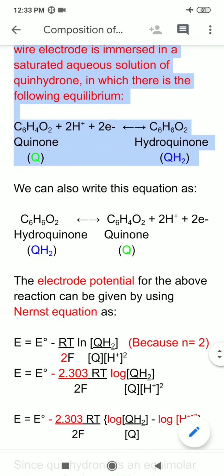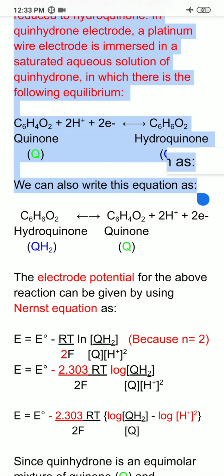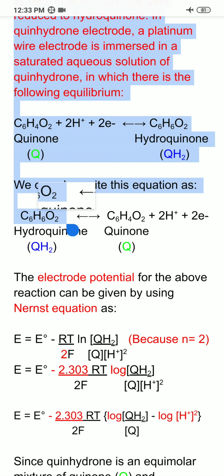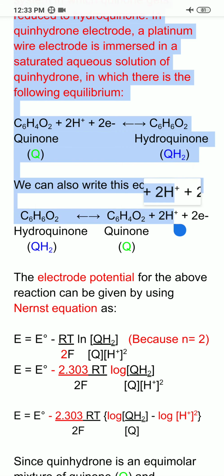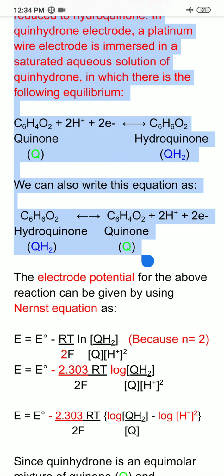We can also write this equation in reverse direction. So C6H6O2 changing into C6H4O2 plus 2 protons plus 2 electrons. So I can say hydroquinone is getting oxidized to quinone.